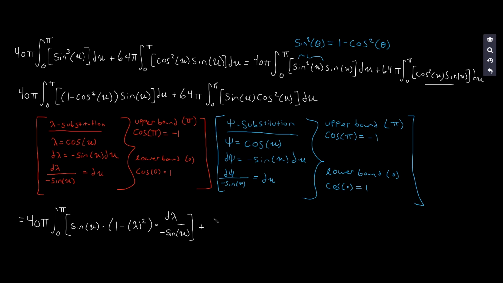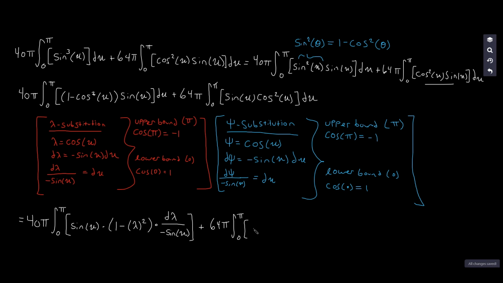So now we'll do plus 64 pi times the integral from 0 to pi times sine of u times cosine of u.